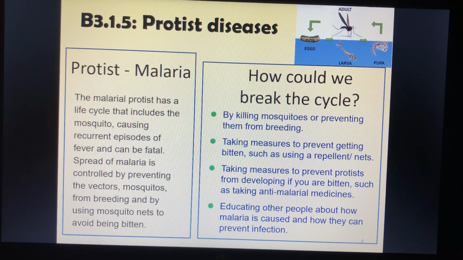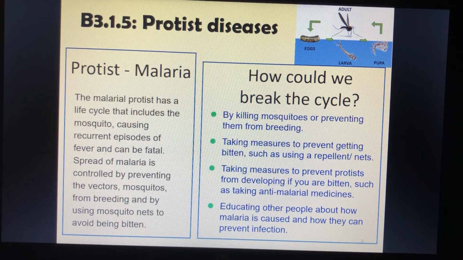If that individual had the Protist malaria inside them, it transports it to the next person that it then feeds from. Can be fatal, causing fever, sticky blood, as we saw in the video that we watched, that is on the B3 YouTube list, so you can have a look at that.